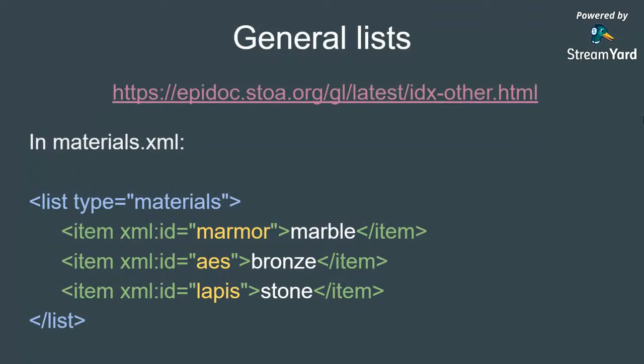In this case, we have, for example, the Authoritylist Materials Xml, which is a list of, you guessed it, materials. And we have, for example, marble, bronze, stone, and you see how it is built up. So again, we have an XML ID, which is inserted within an item, which is again within a list.